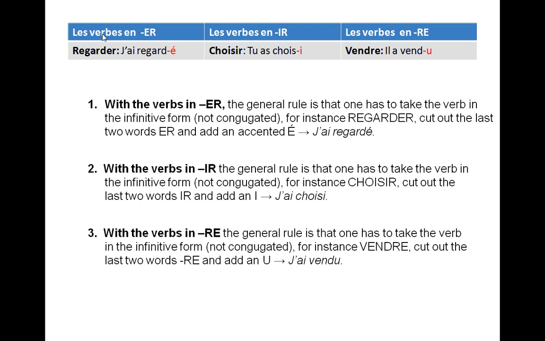So j'ai vendu, and that will be your passé composé with the verbs er, ir, and re. This is how to form the past participle in the passé composé with the regular verbs.